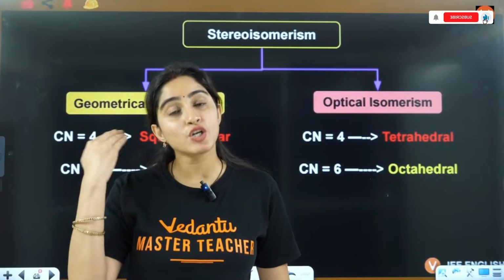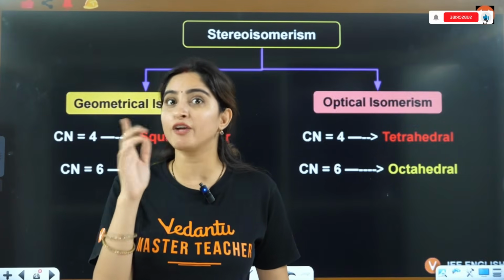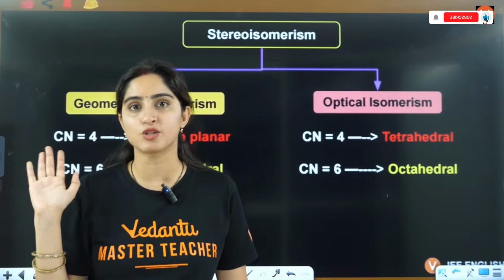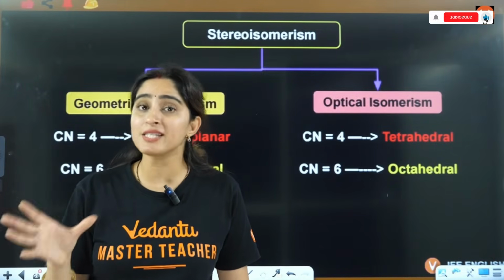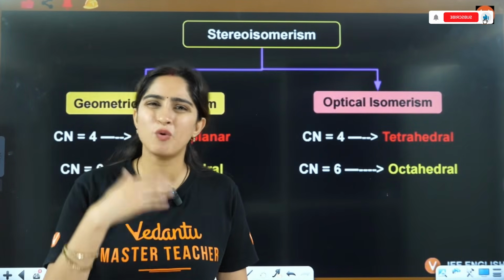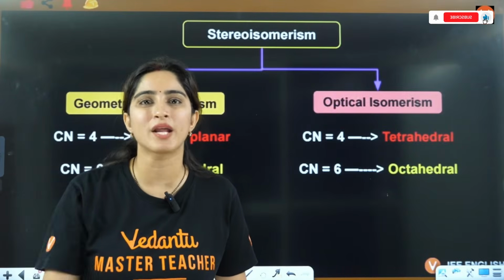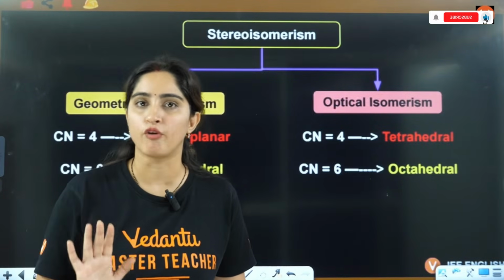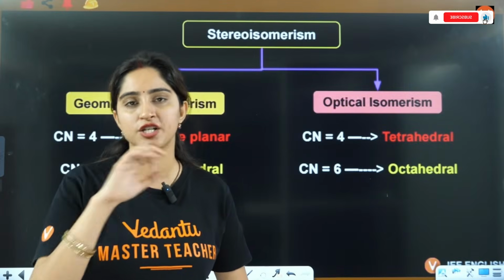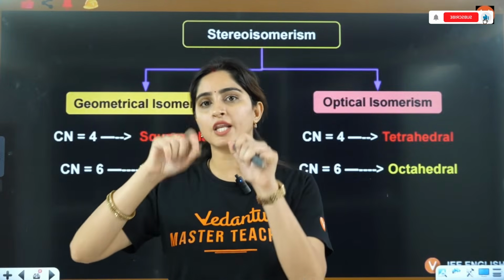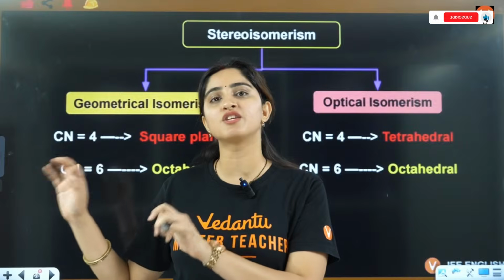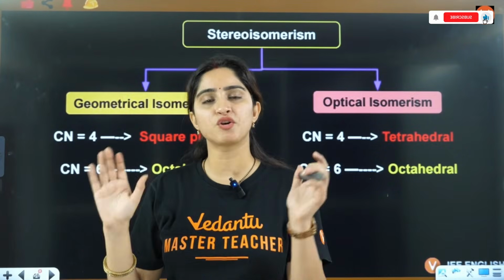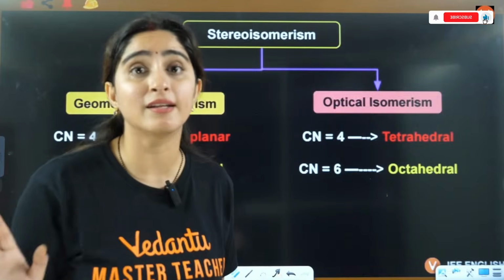Firstly, go through that, because you will only be able to understand in 2-3 hours. But otherwise, if you're here just for revision, like, ma'am, I just want to revise, I don't remember anything, then you are on the right platform, right? Otherwise, search Diksha Ma'am, stereoisomerism coordination chemistry, JEE Vedantu. I took that lecture 2 months back. Go through that, right? If you've never done this.